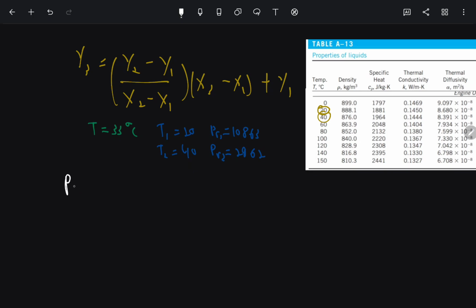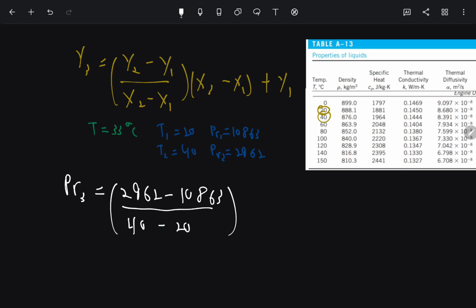So PR3 is equal to Y2 minus Y1, so that's 2962 minus 10863, over X2 minus X1. X2 is T2, so that's 40 minus 20.